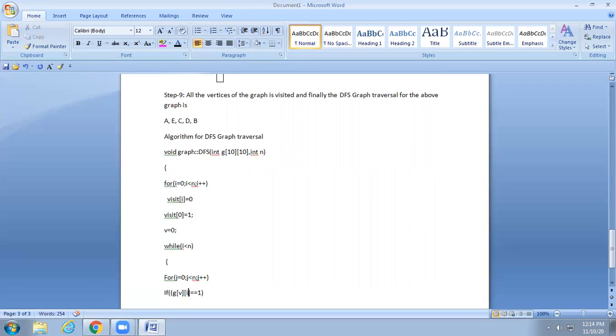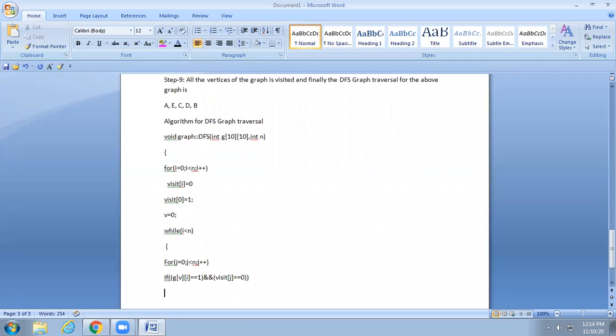If g of vj equal to 1 and visit of j is equal to 0, so if there is an adjacent vertex which is not visited, then push v of j into the stack. So you have to push v of j into the stack.